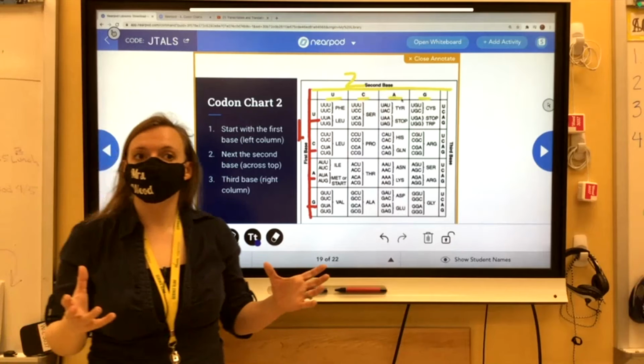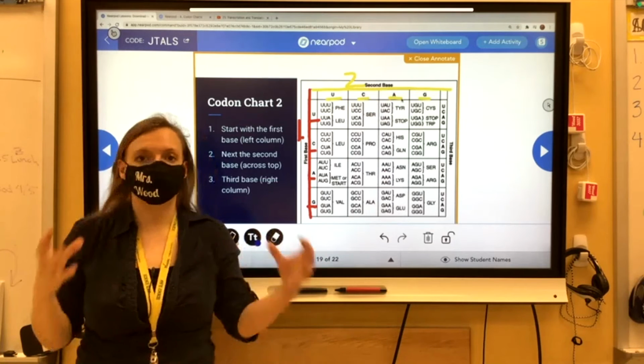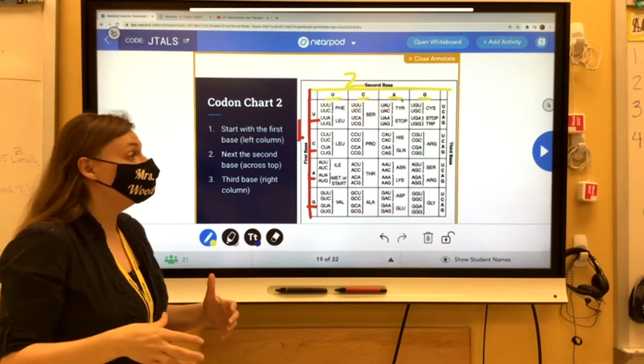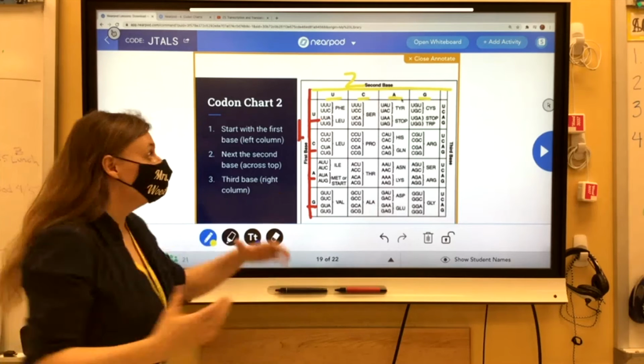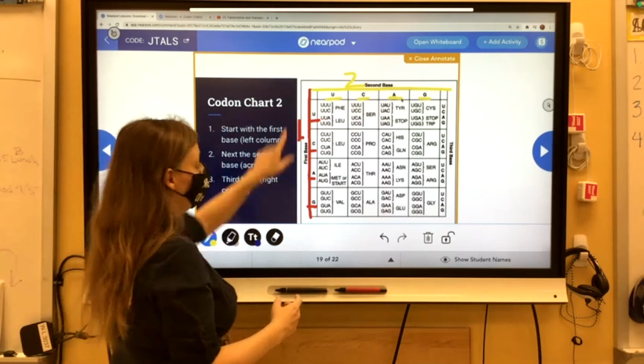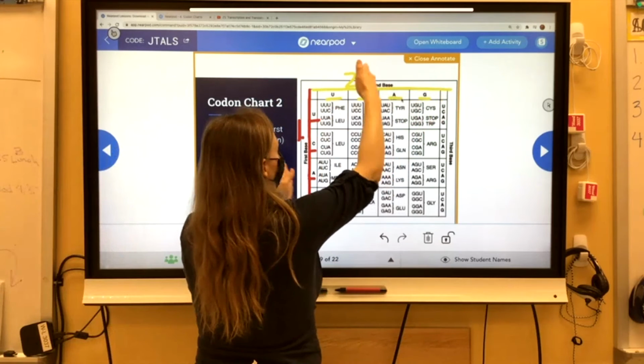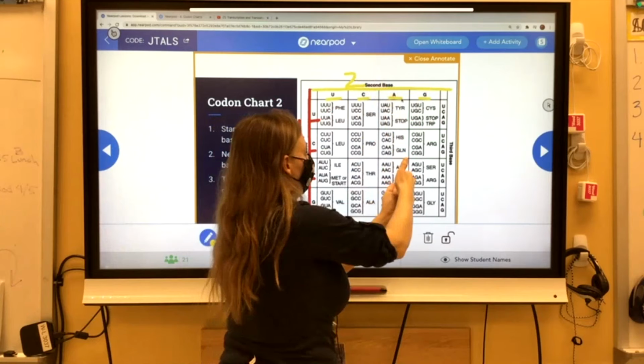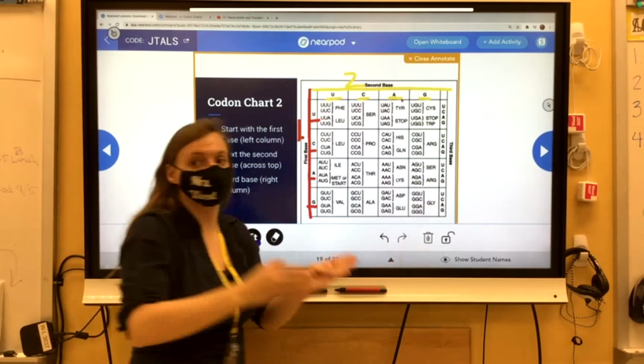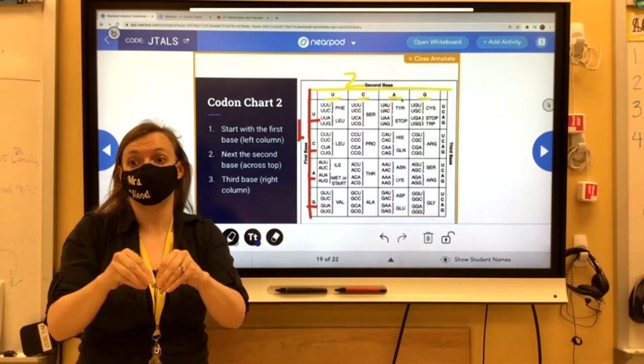So I like to use this like a coordinate plane, like when you are in math. I find my first base on the side, second base on the other side, and I'm going to find the box that they match up at. And I know my answer is going to be somewhere in that box.